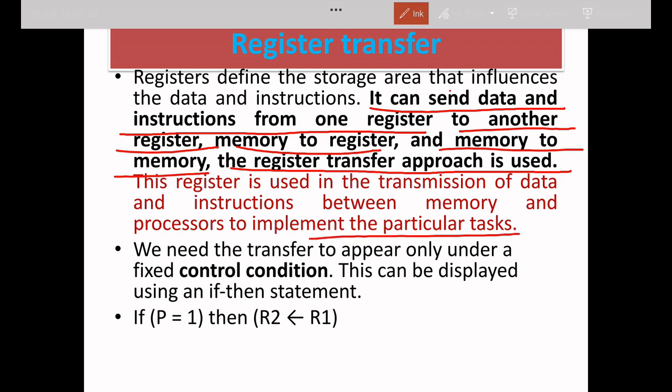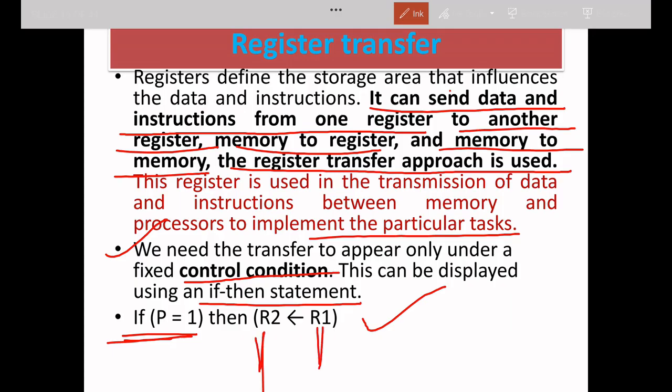If you know the operating system, then you can understand. Now here we use a control condition. If you want to transfer something, we use a control condition. Condition means if-then. We use an if condition, and after the then you are transferring. Suppose I have written: if P is equal to 1, then transfer the data from register R1 to register R2.